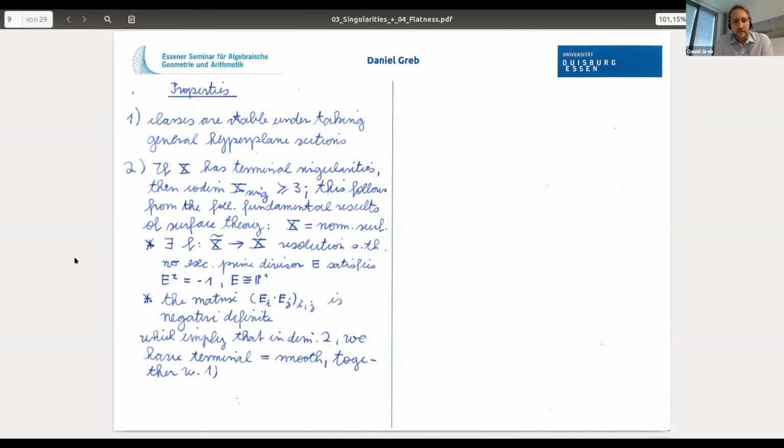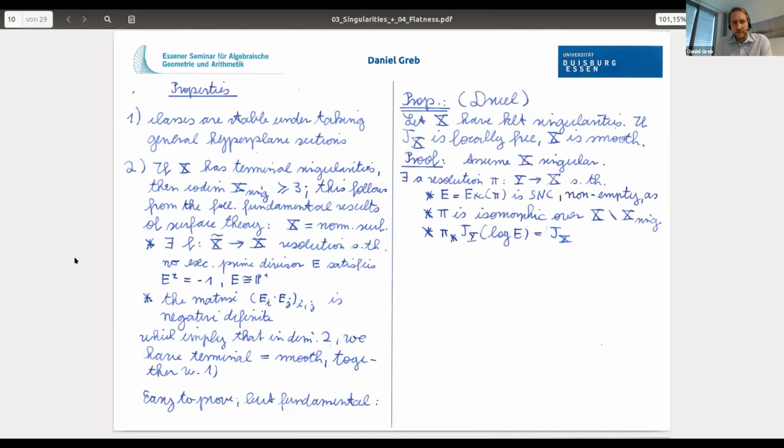Okay, so this means there are no actual terminal surface singularities, and since this is stable under taking general hyperplane sections, if you take an n-dimensional variety, you cut down n-2 times to a surface. If X was terminal, the surface is terminal, so it's smooth, but then you have a complete intersection surface in your X, which is smooth, which means that around your complete intersection surface, your variety has to be smooth.